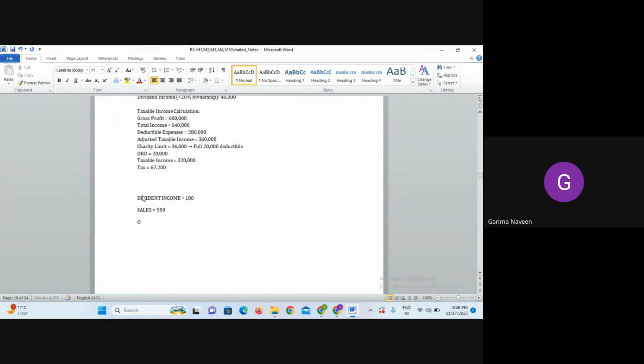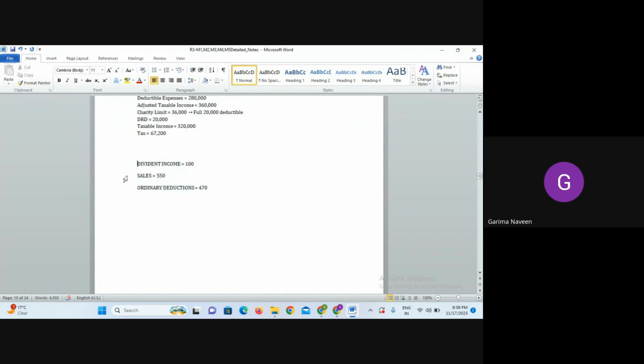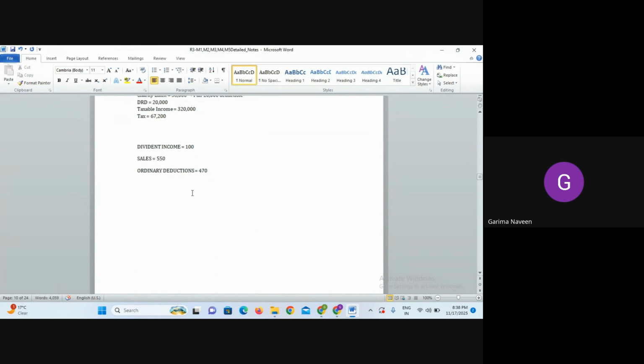And your ordinary deductions are given. So can you give the taxable income in this case? I am not taking any charitable deduction here. It is a simple example. Please calculate the taxable income for these values.